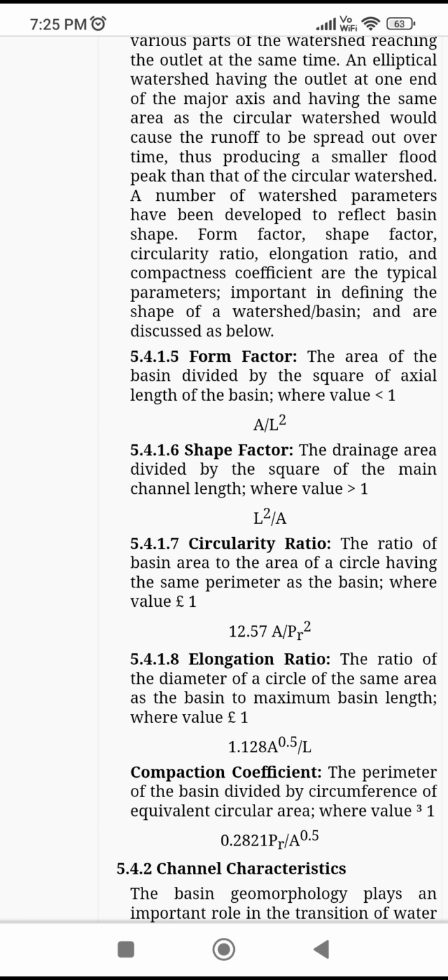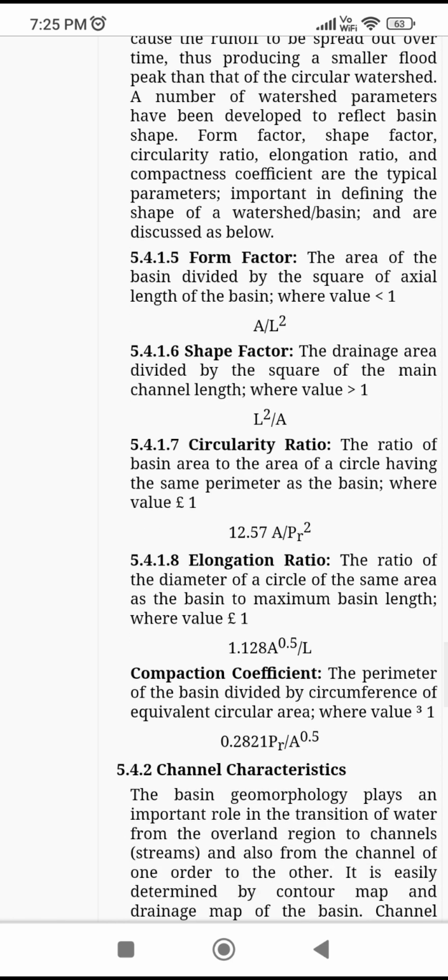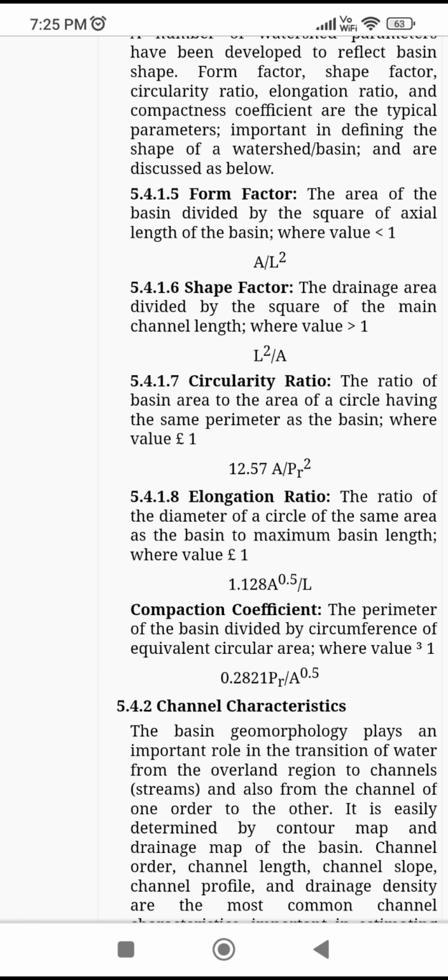Now form factor, the area of the basin divided by the square of axial length of the basin is called form factor. Then shape factor, the drainage area divided by square of the main channel length, L square by A. Then circulatory ratio, the ratio of basin area to the area of a circle having the same perimeter as the basin, 12.57 A divided by P square.